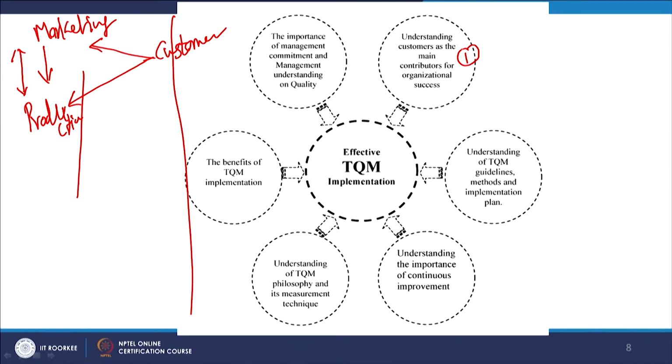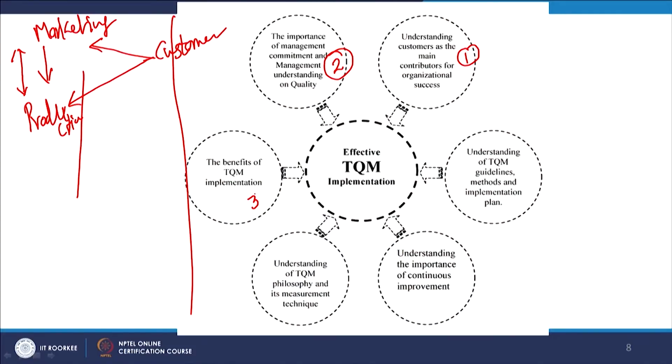Then another important point which we are continuously emphasizing is the commitment of top management, and commitment to understand the role of quality in serving the customer. Then another important thing, particularly from the Indian organizations' point of view: many of us do not know what the benefit of implementing this type of TQM approach is.